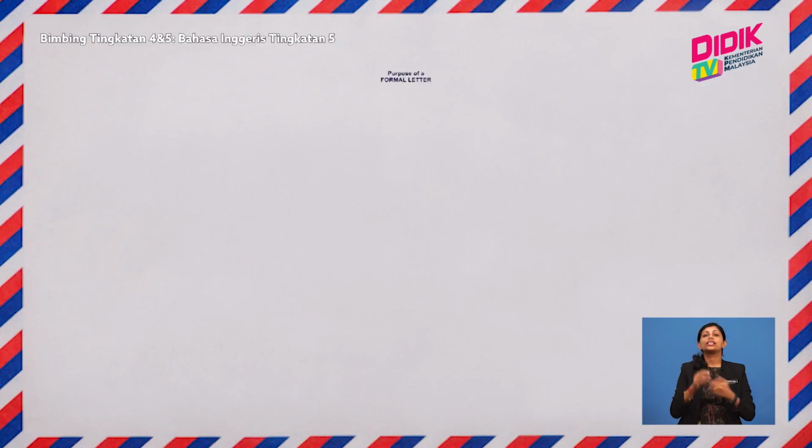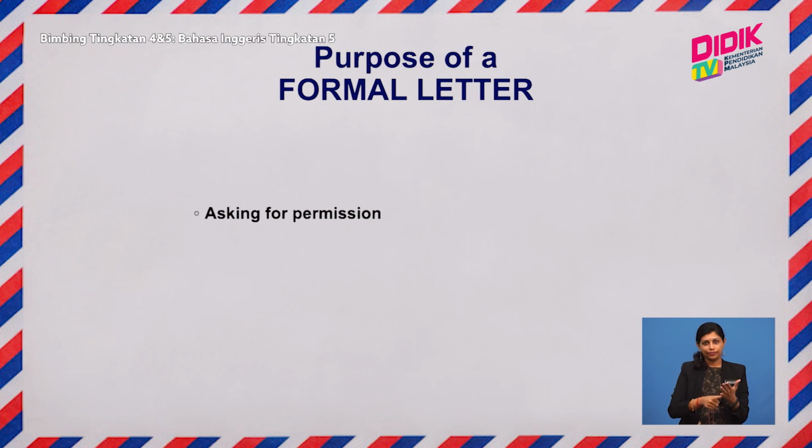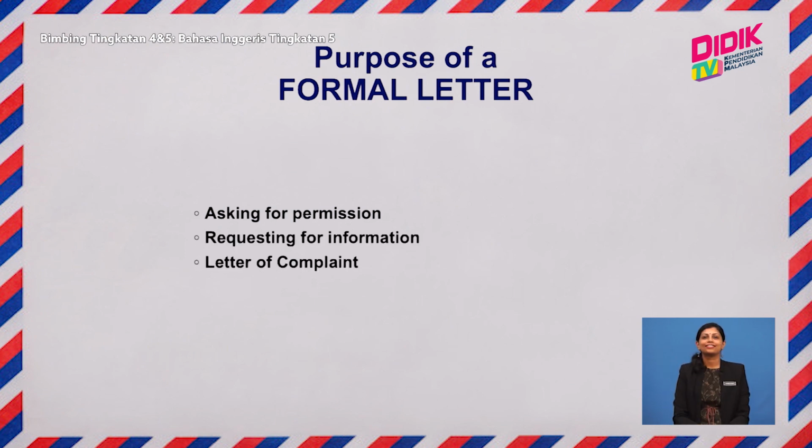Now, these two letters are different because we send these letters out to different types of people, and the purpose is different too. What is a formal letter? When you send out a formal letter, you send it out to ask for permission, request information, or complain about something, and sometimes to apply for a job.